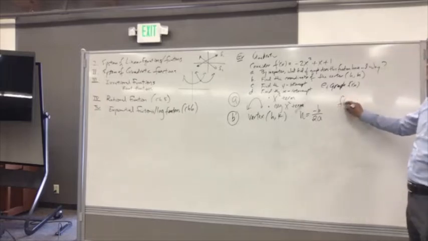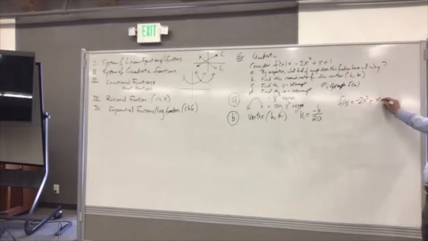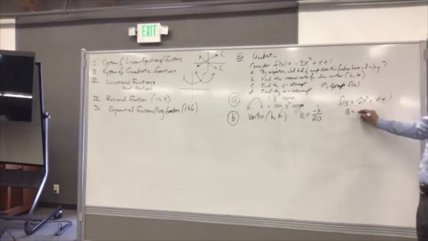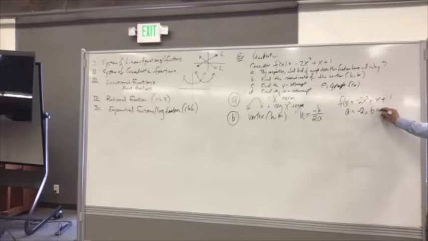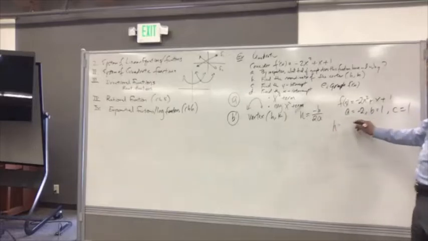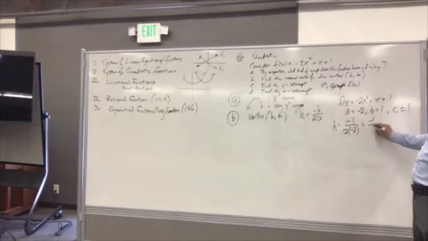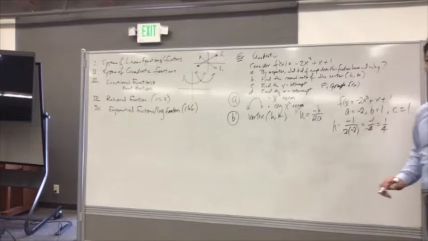So if f of x is equal to negative 2x squared plus x plus 1, a is equal to negative 2, b is equal to 1, and c is equal to 1. Right, so those are the 3 constants. So h is negative b over 2a, so it's negative 1 over 2 times negative 2, so you got negative 1 over negative 4, which is 1/4.